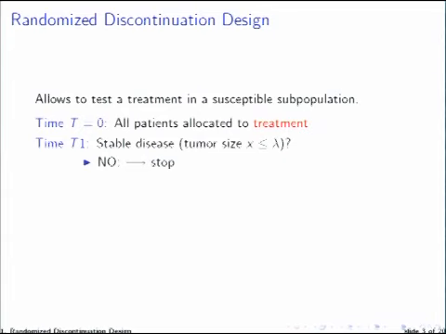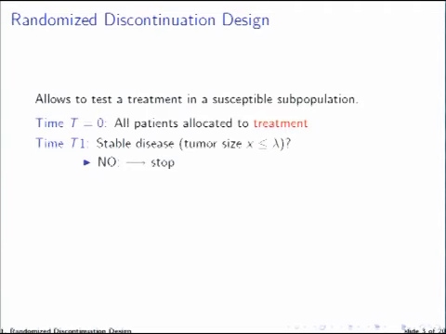We just want to control tumor growth. That's the intention. Then after some time, we look at all the patients who were enrolled at time 0, and we see whether they have stable disease, means whether tumor size is within a certain window. If it is, then that patient is obviously a patient who could potentially benefit from the treatment.